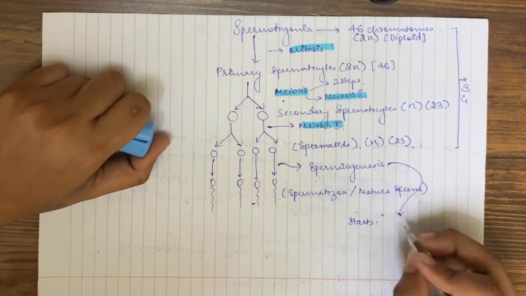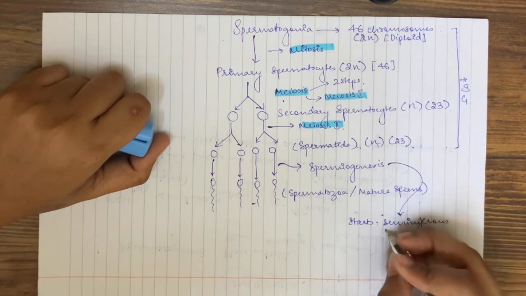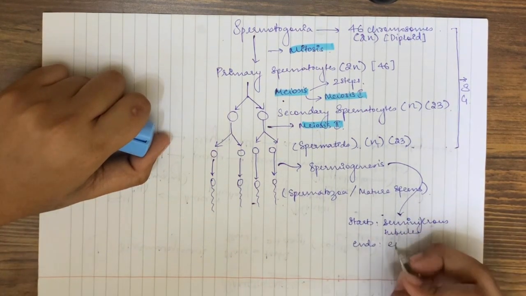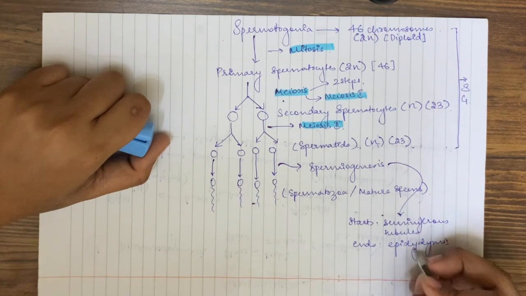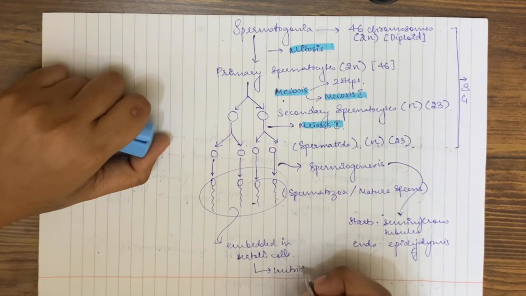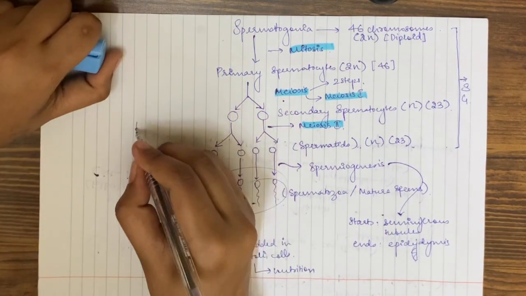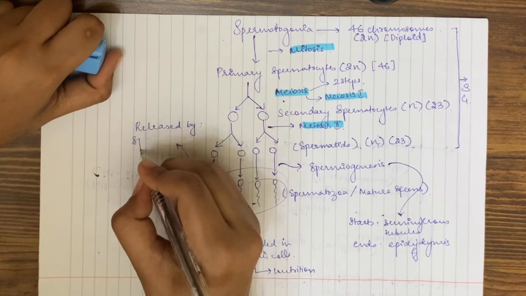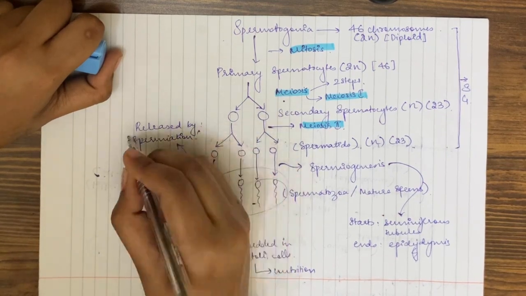Also, after spermiogenesis, these spermatozoa end up being embedded in the Sertoli cells or nurse cells for nutrition. And finally, these spermatozoa or mature sperms are released by the process of spermiation.